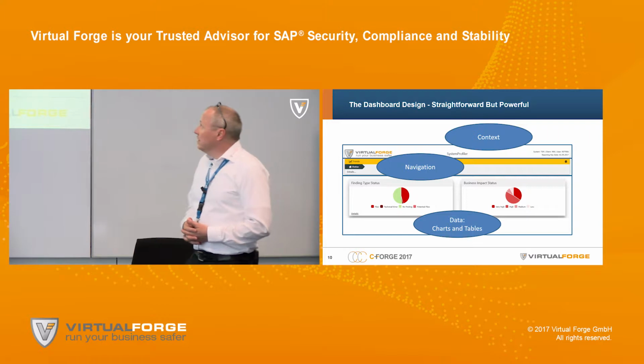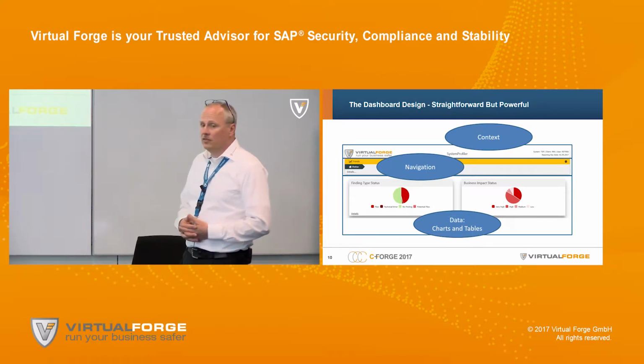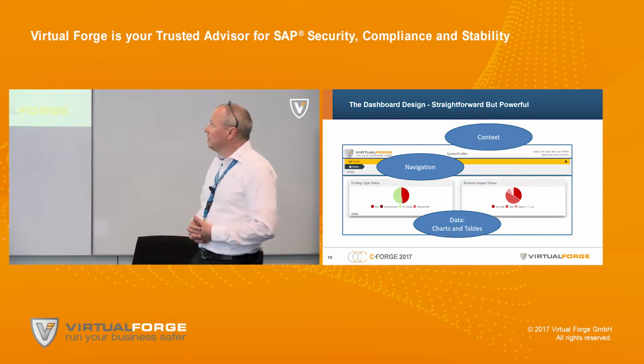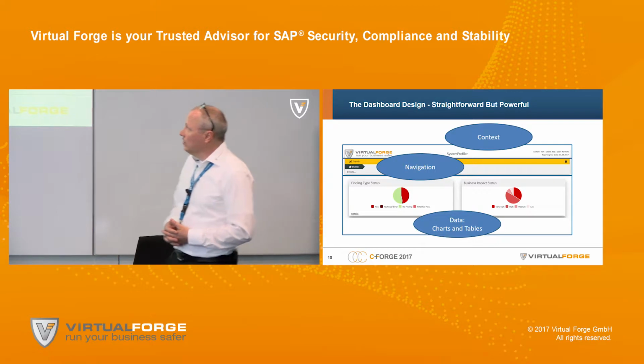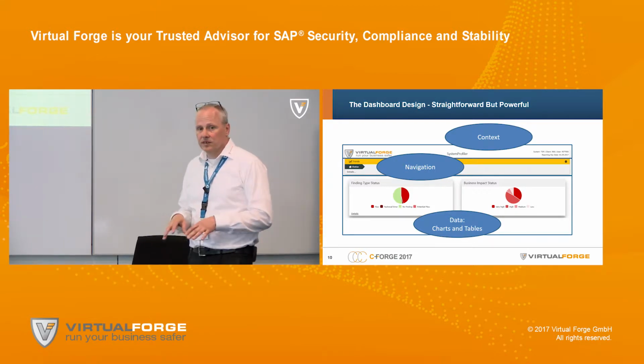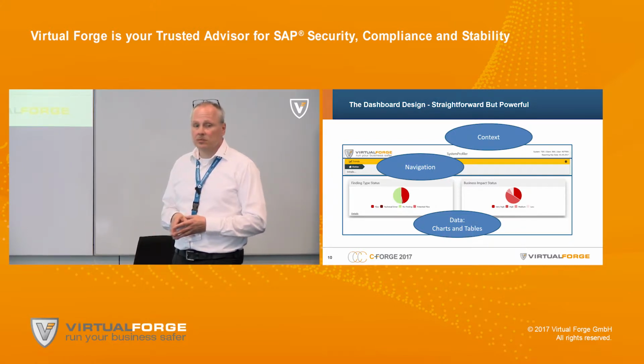The next slide explains briefly the structure of the dashboard. In all levels, independent of the levels you're moving or independent of the data you're displaying, we always have three parts.